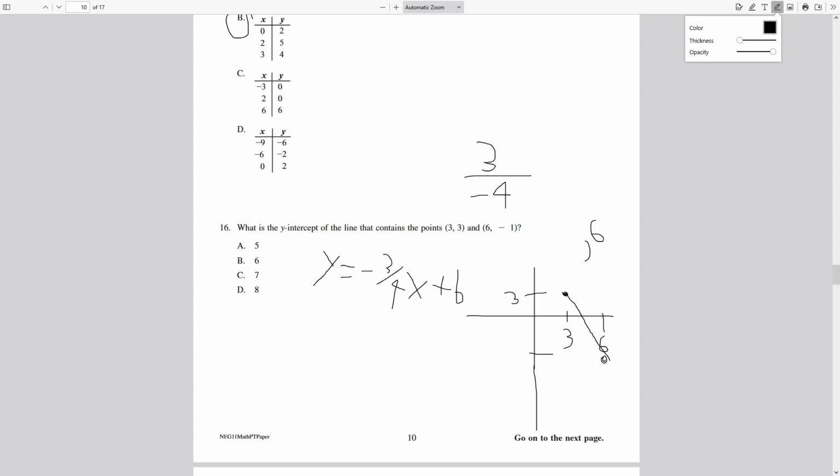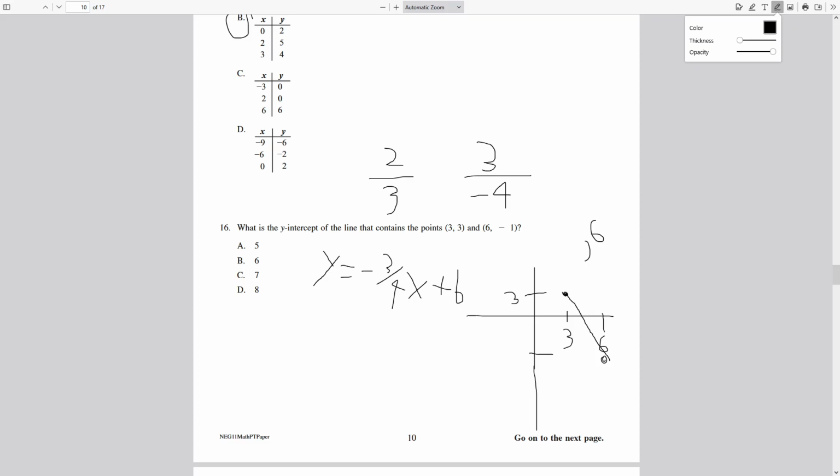So it's running over 3, because the run is 3, and the rise is 3 minus 1. It's 2 over 3. Right?